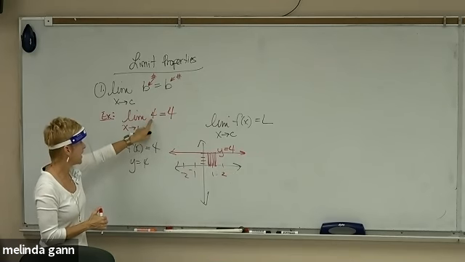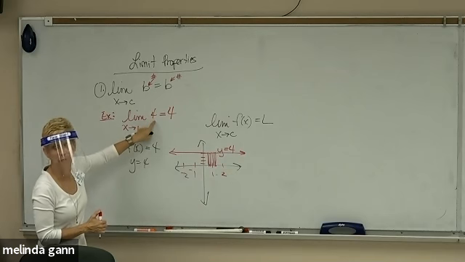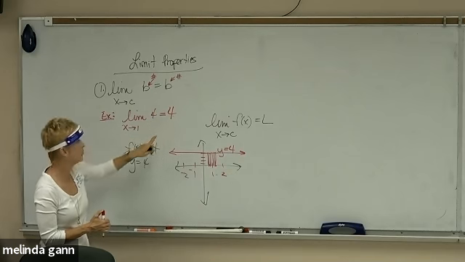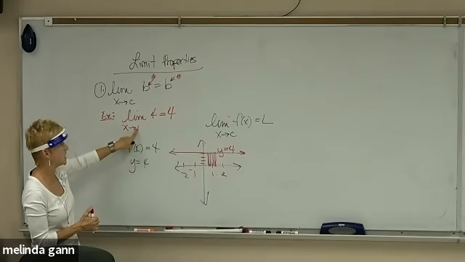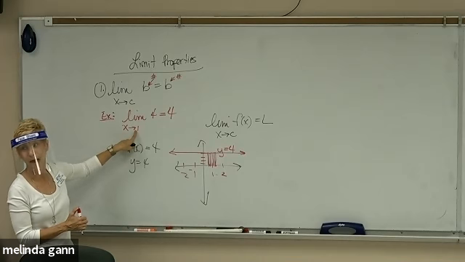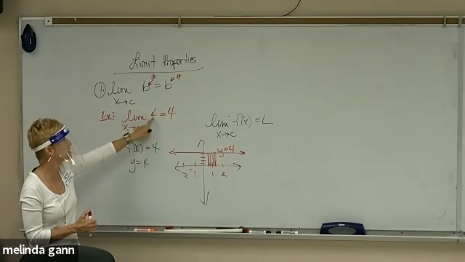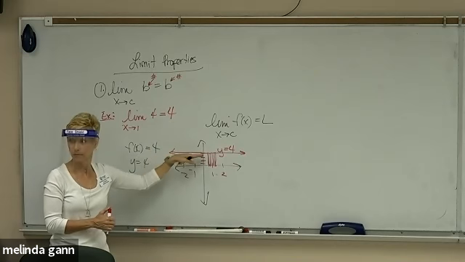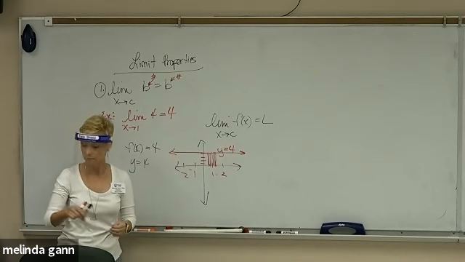So since your y value everywhere on the graph is this number, your limit's always going to be what? That same number. It didn't matter what that number is. It could be x approaching negative square root of 11. It doesn't matter. The limit of a constant is that constant. Does that make sense?